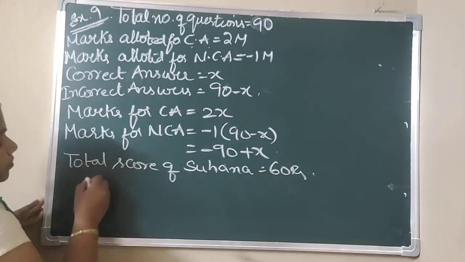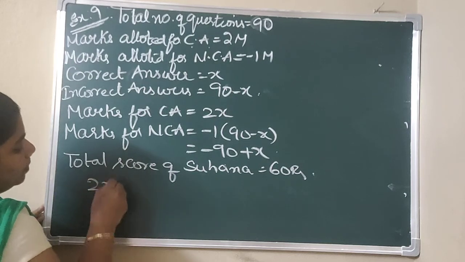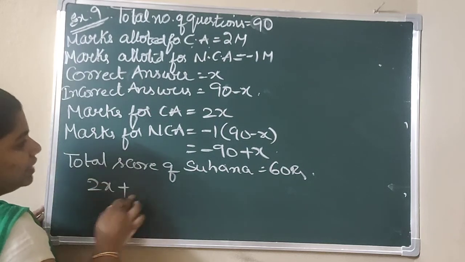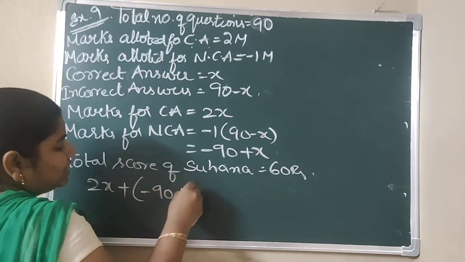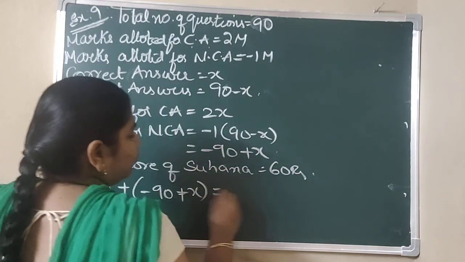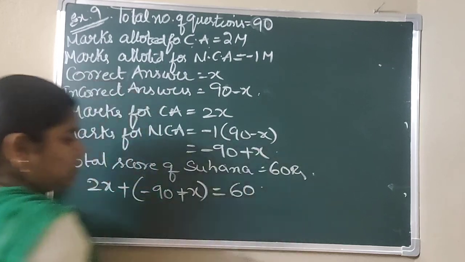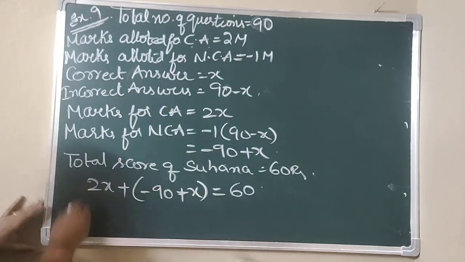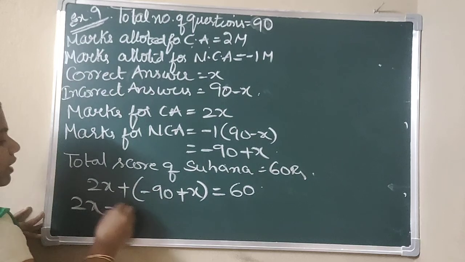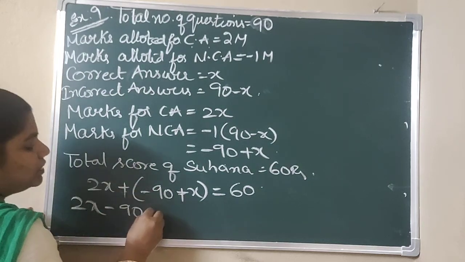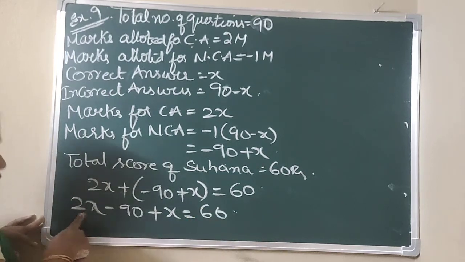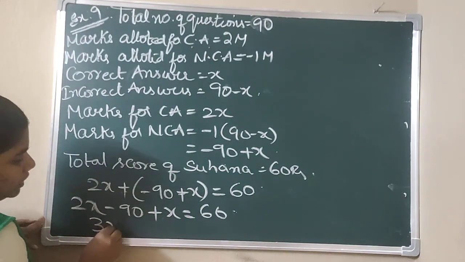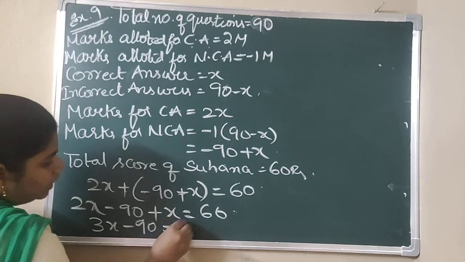So it will be 2X plus -90 plus X is equal to how many marks? 60 marks. Just solve this now. So 2X plus X will be equal to 3X minus 90 is equal to 60.